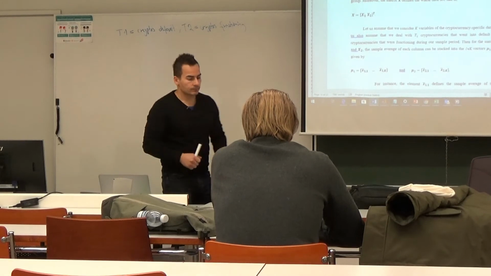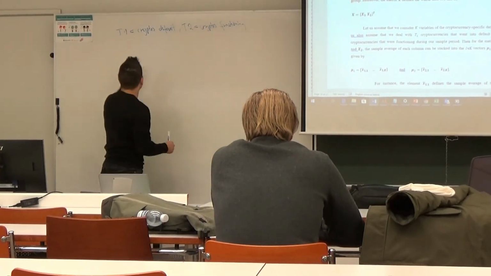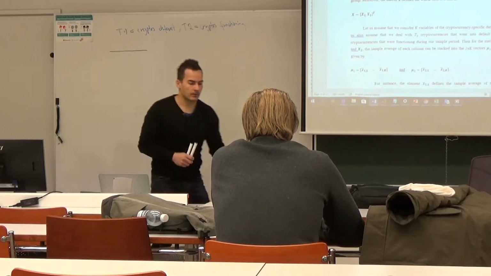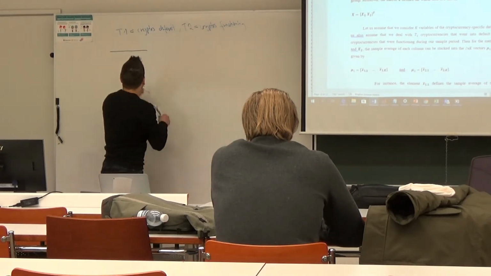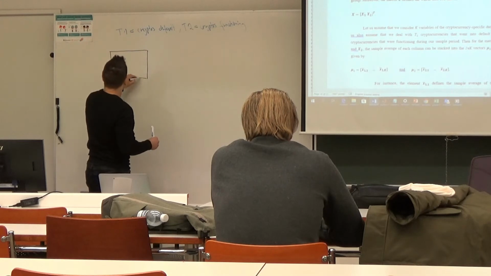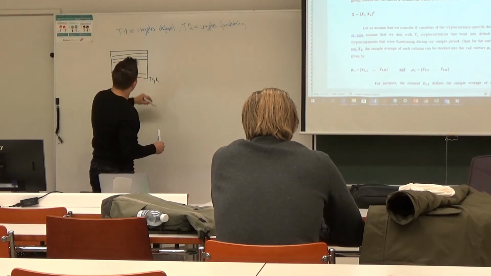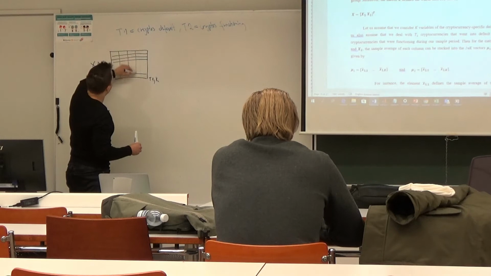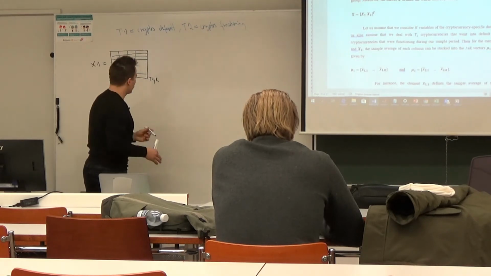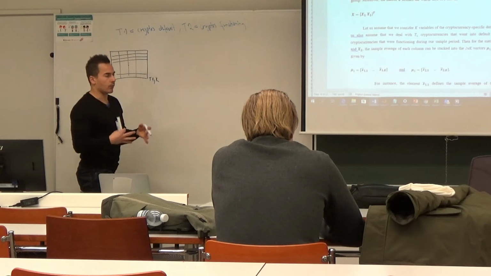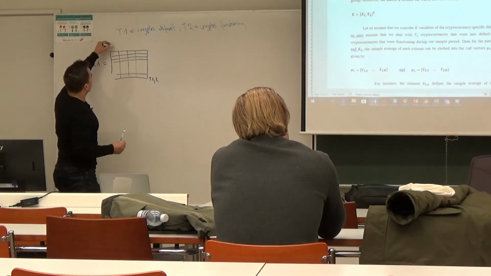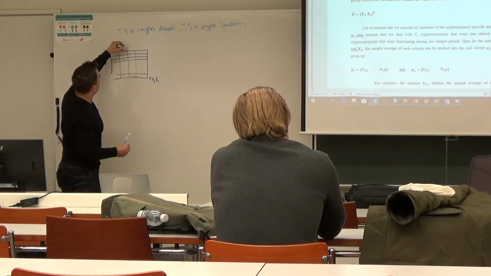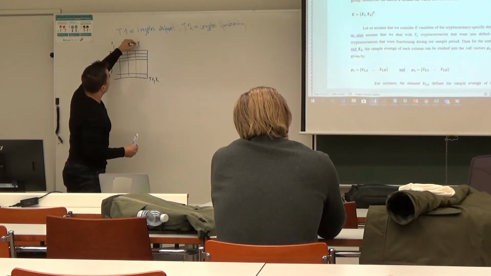Then we can define these two matrices. X1, and let's say we have here in the columns, just for simplicity, 4 discriminative variables in our sample. These are our 4 variables.